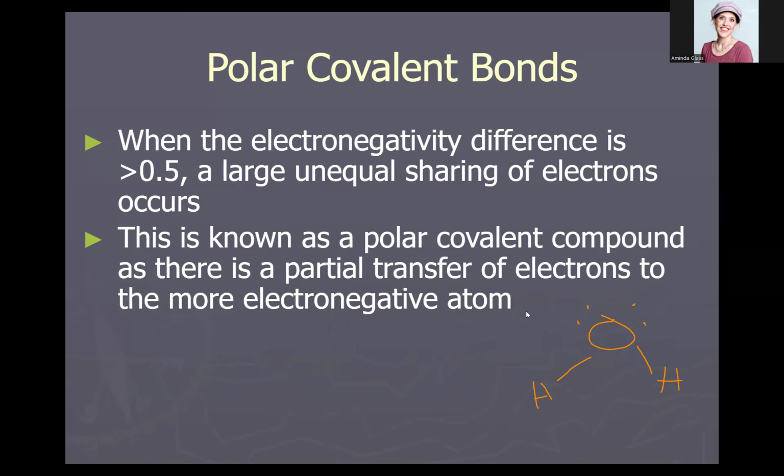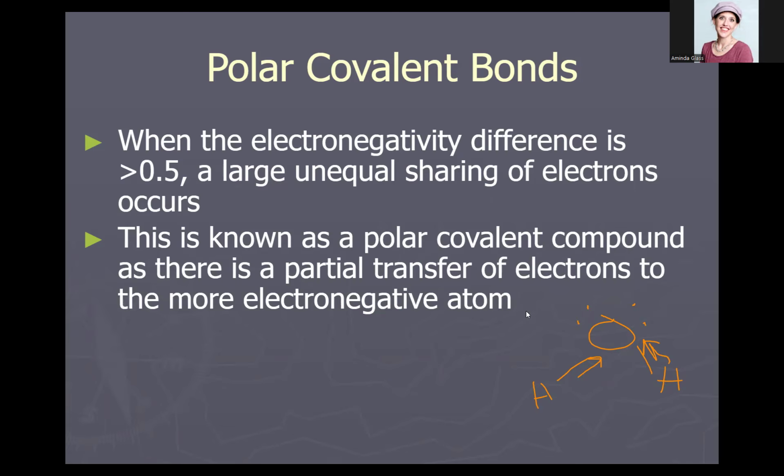Oxygen has a higher electronegativity value than hydrogen. Oxygen has a really strong electron affinity, so the electrons are actually pulled closer to the oxygen. It's like a tug of war game, so it pulls the electrons closer to it.